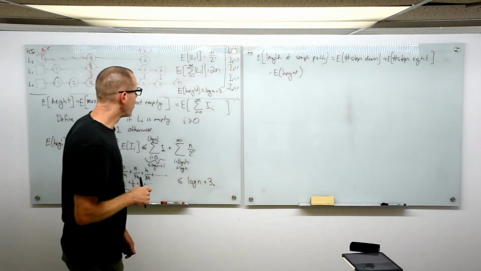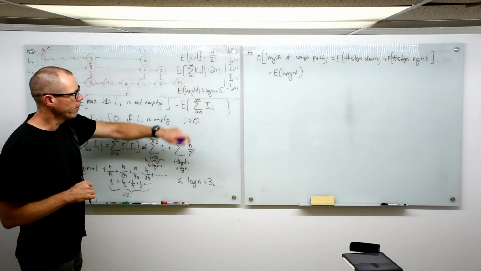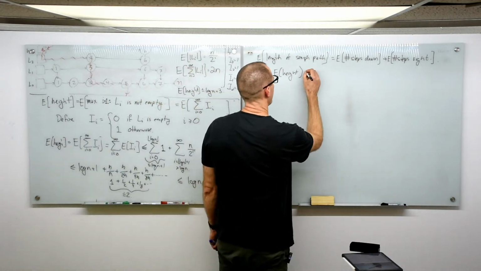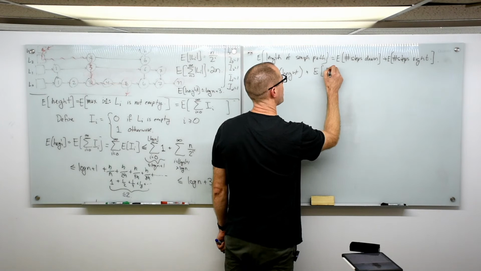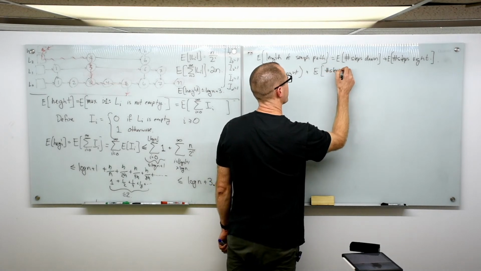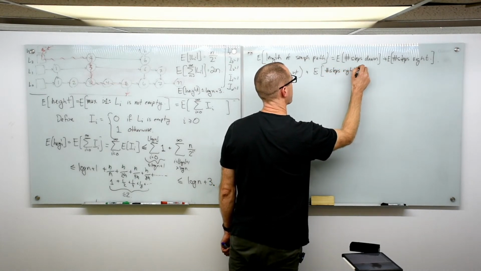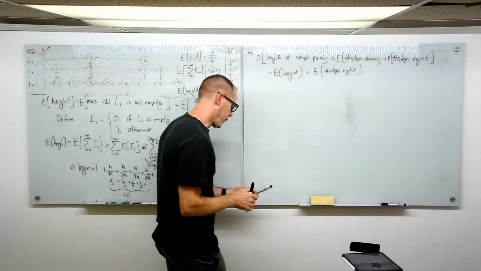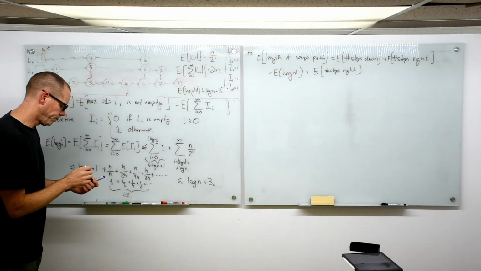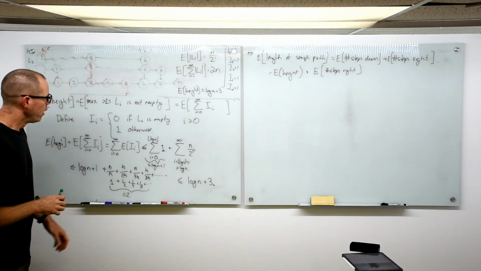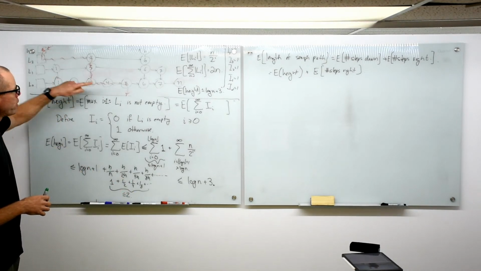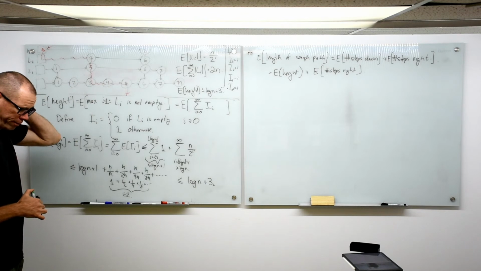I know that that's not more than log n plus 3. But I'm still stuck trying to understand the number of steps to the right. And for that, I'll define the search path a different way.